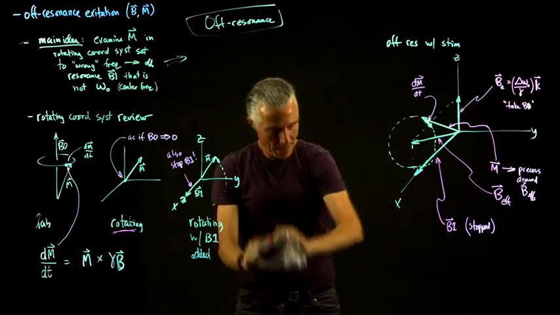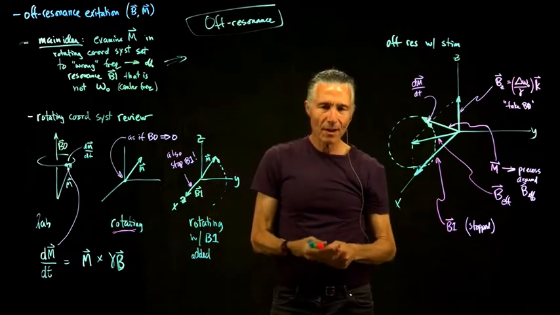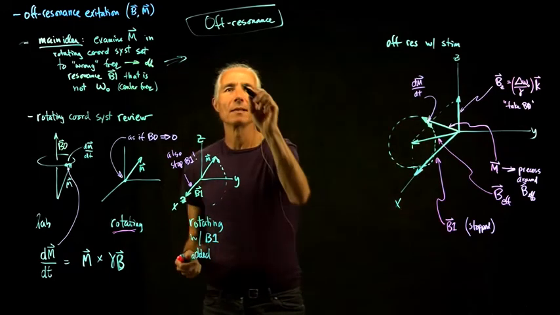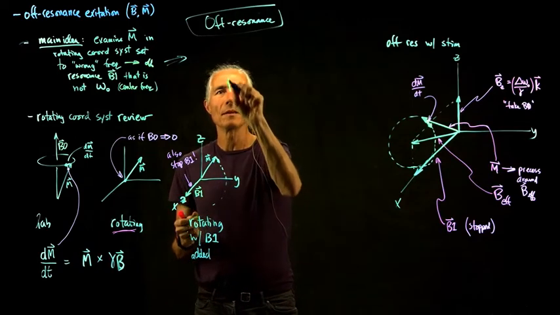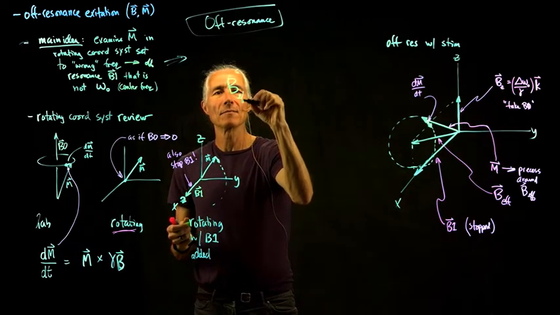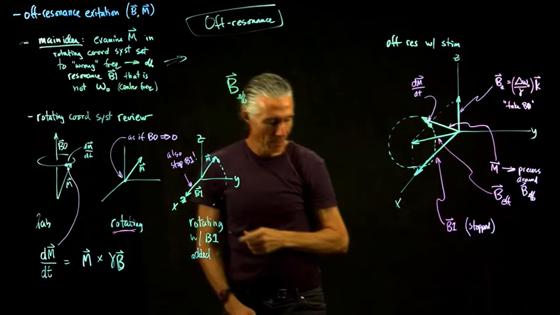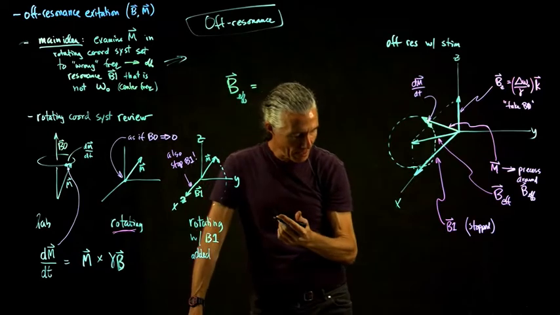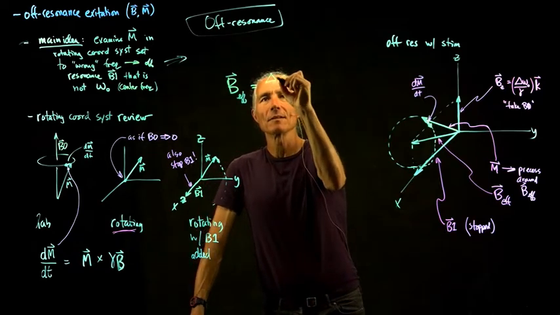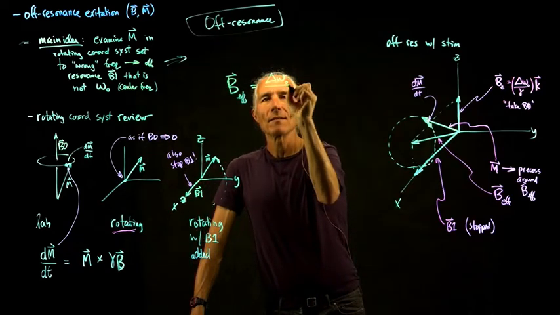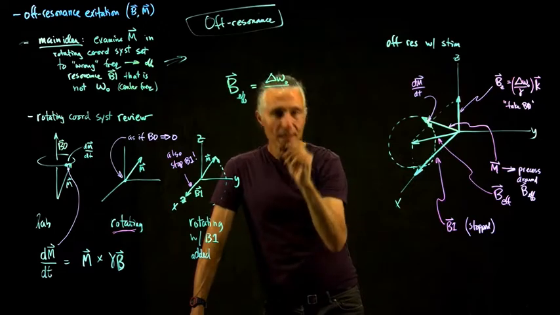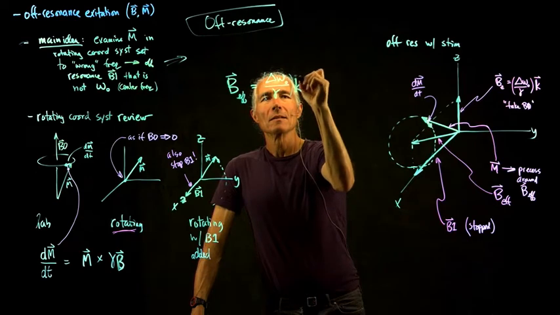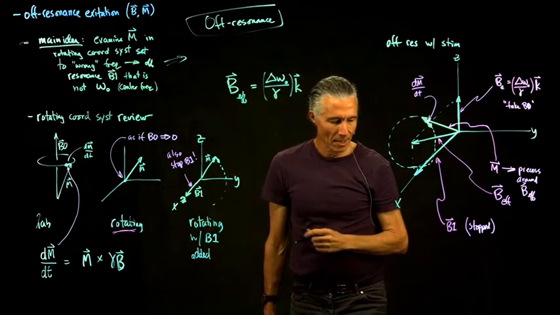If we figure out this B effective, the B effective vector, one of the things that we included was the basic off-resonance effect. That was whatever that offset frequency is times the unit vector in the z direction.